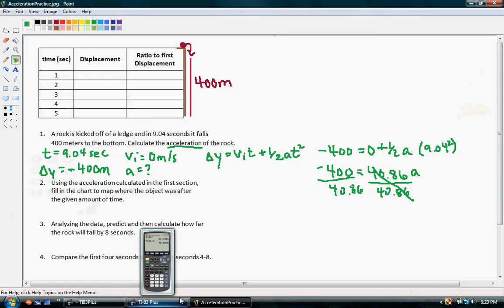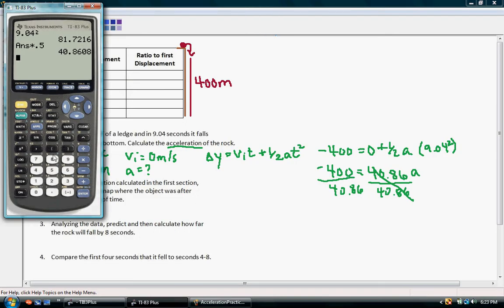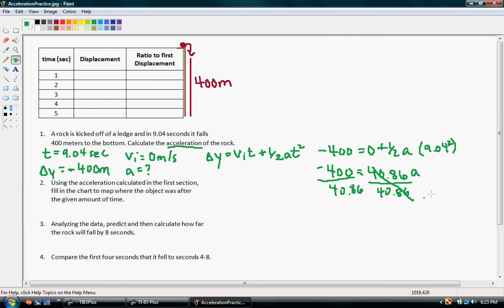And then our acceleration is equal to 400, or negative 400, divided by 40.86. And we get negative 9.789, so we'll say that this is negative 9.8 meters per second squared, which happens to be the acceleration due to gravity.